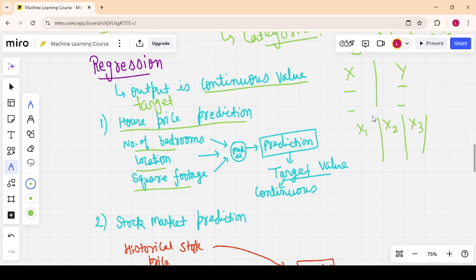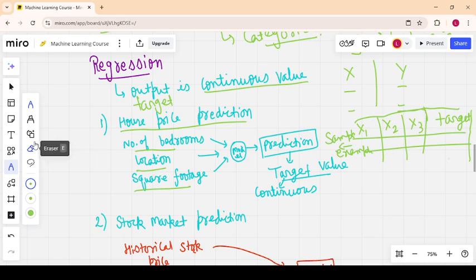Each column is a feature, and I will write here the target, that is the price of the house. Each row is a sample, an example of the dataset we have.